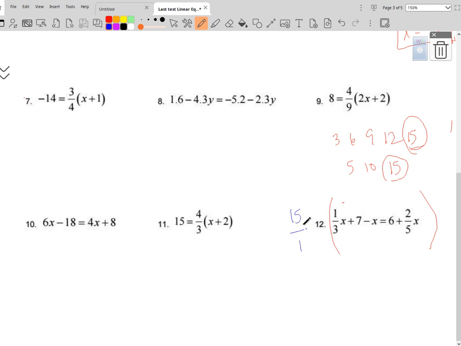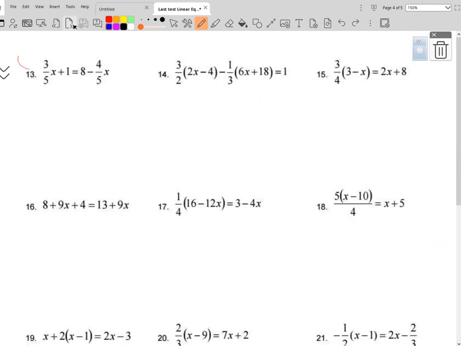Now that's 15 over 1 because I'm multiplying fractions. So now, there are no parentheses here, so I'm literally just shooting the 15 to everything in here. On number 14 and number 21, if you choose to get rid of the fraction first, you're only going to be multiplying your multiple by the outside of the parentheses here.